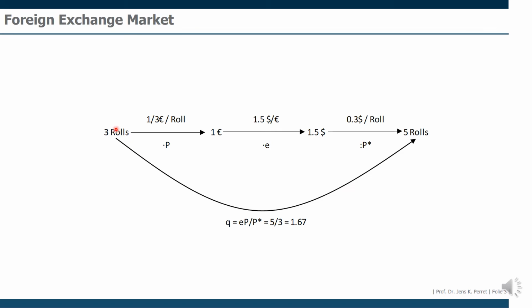So here, due to the fact that the worth of a basket of goods usually also represents the quality of these goods, we can assume that the German basket of goods, the German rolls, are of higher quality than the US rolls, if quality in this case is perfectly related to price.